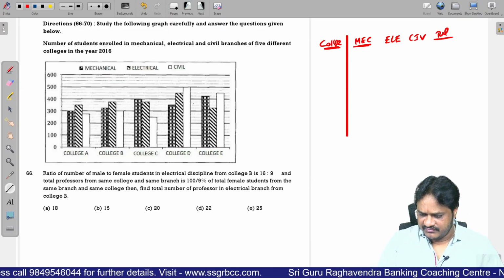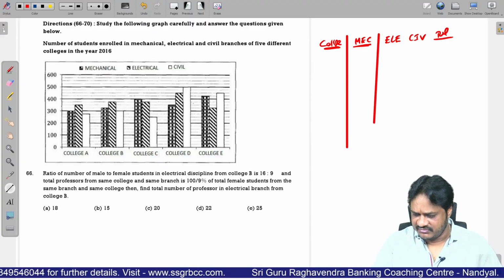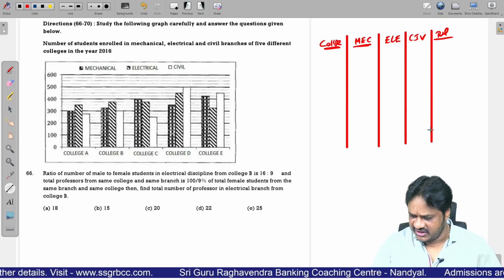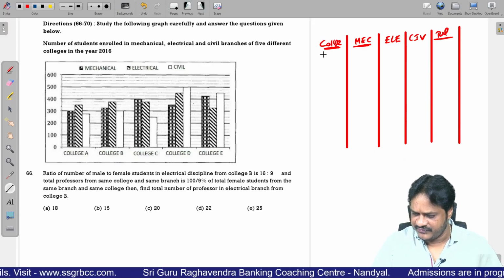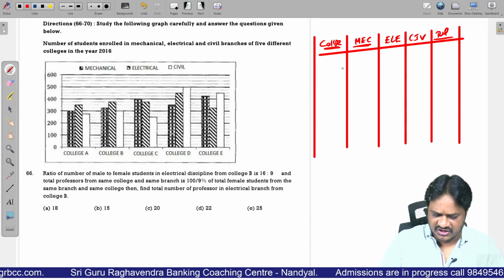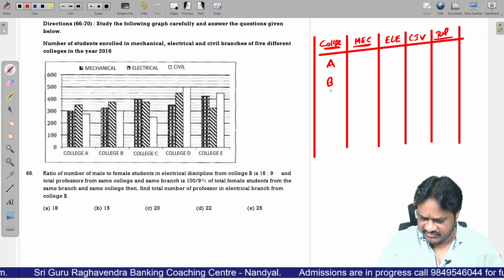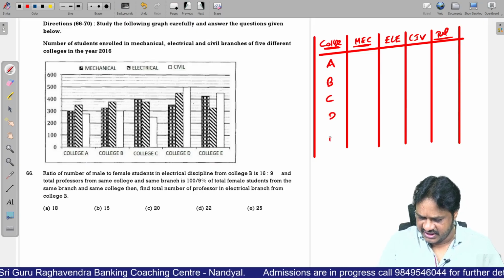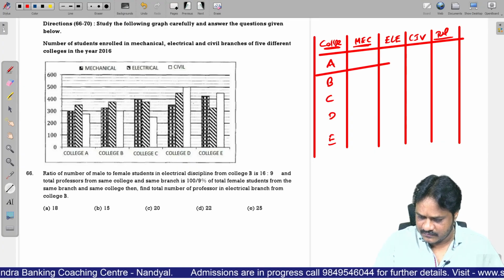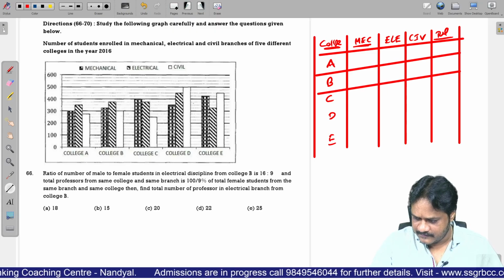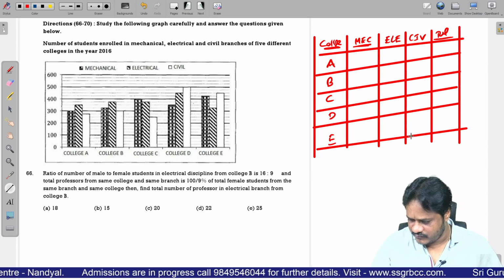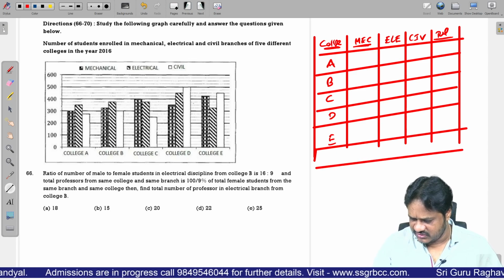Below the colleges, you write down the names of the colleges as A, B, C, D and also E. And let us take the total.